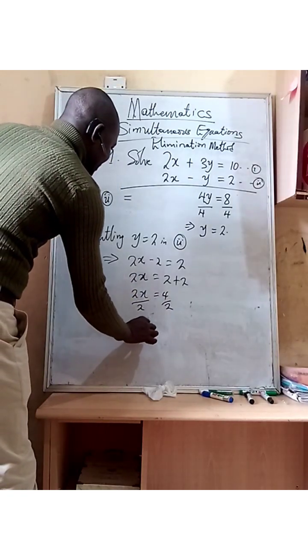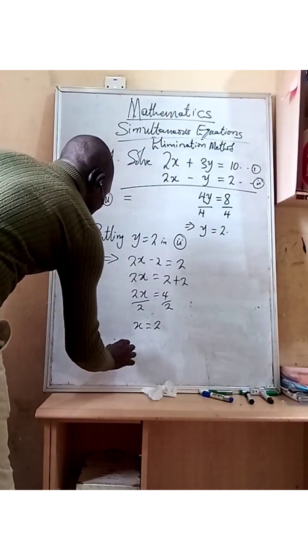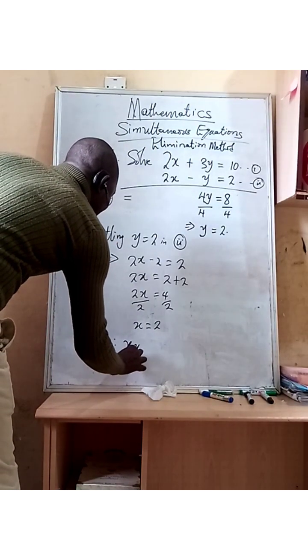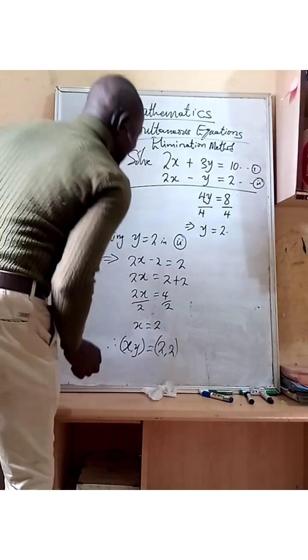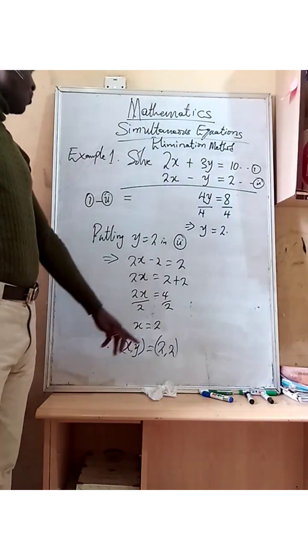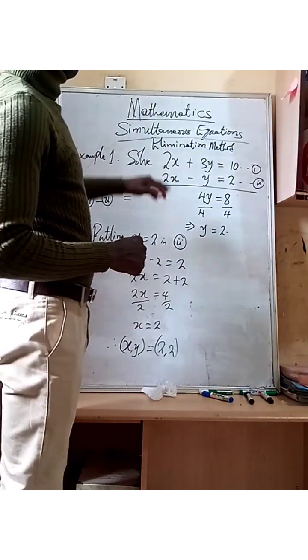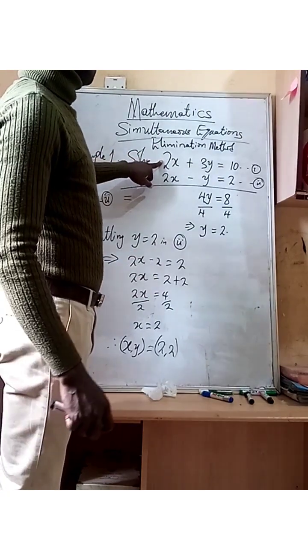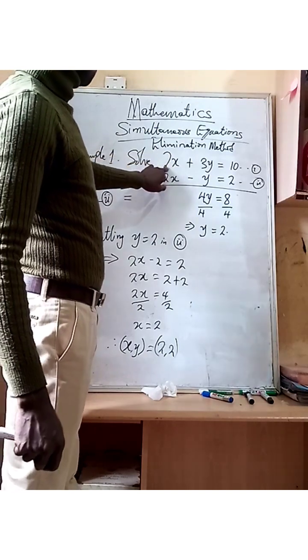Then x is also equal to 2. The solution therefore, (x, y) is equal to (2, 2), meaning that x is equal to 2 and y is equal to 2. And if we substitute the values into these equations, are they going to be consistent? Now let's check. 2 times 2 is 4.